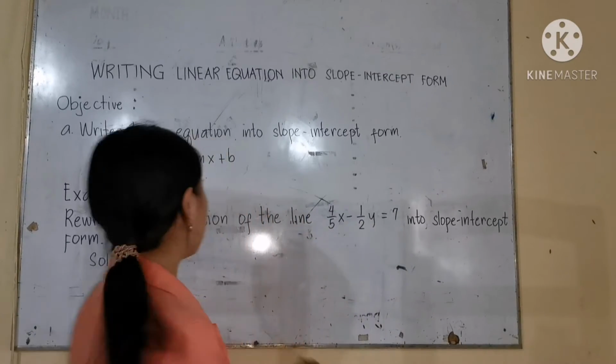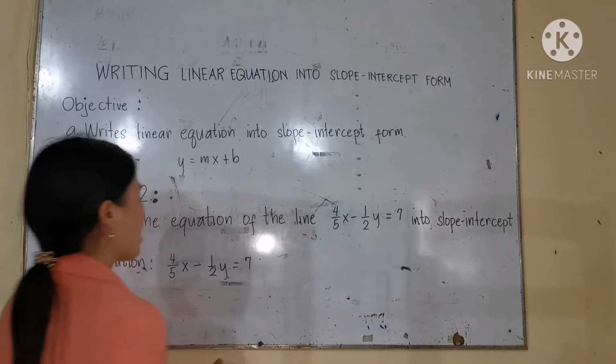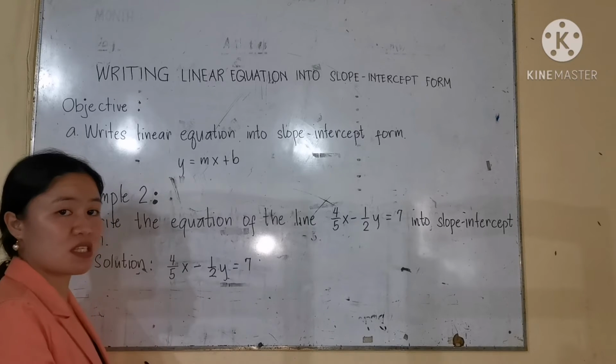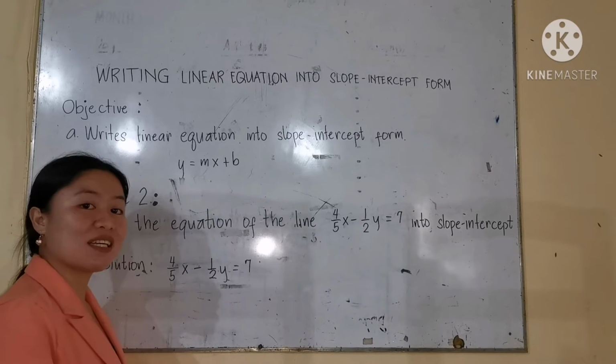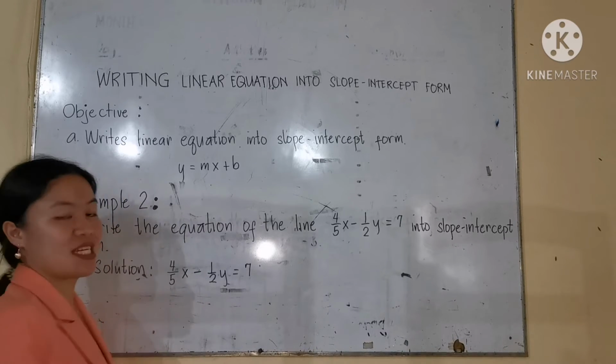Now we're going to write first the given equation. Now we're going to eliminate 4/5 x. How? By adding negative 4/5 x.